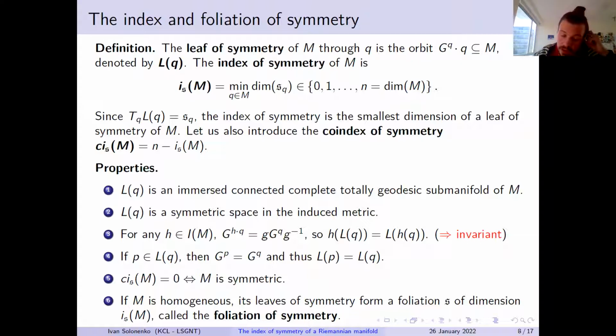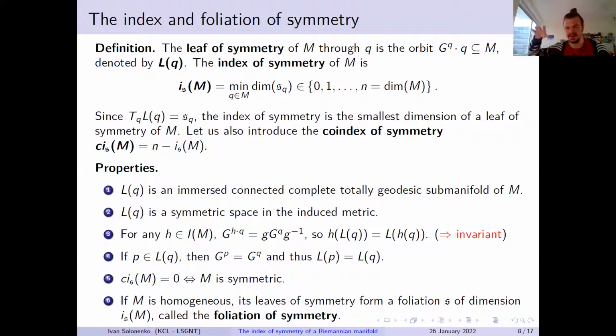In the homogeneous case, each leaf of symmetry is an orbit of some subgroup, and if you have another leaf of symmetry, this will be maybe another subgroup, but it will be conjugated to this one. Okay, so here's the basic construction.